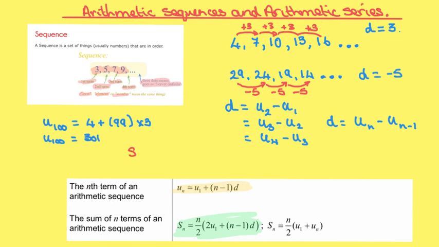So, S50 equals n divided by 2, well, n is 50, 50 divided by 2 is 25, times 2 times the first term, which is 8, plus n minus 1 is 49. The common difference is 3. So the sum of the first 50 terms equals 3875.